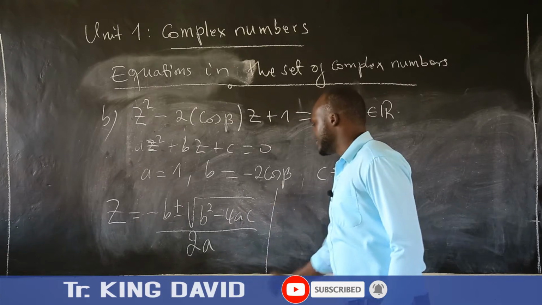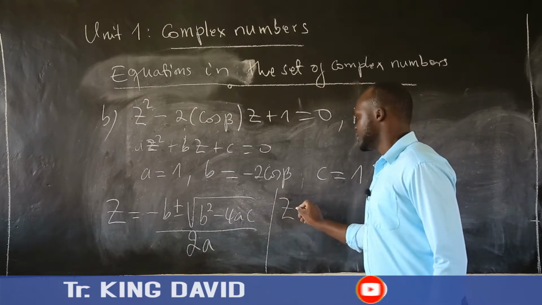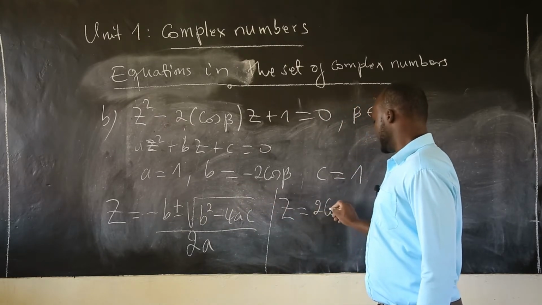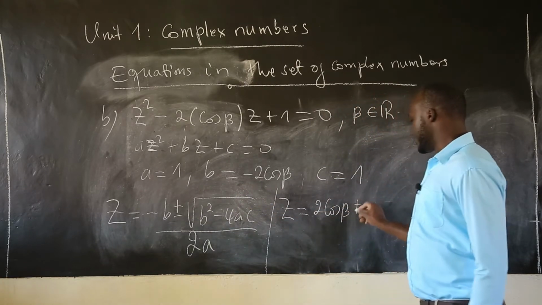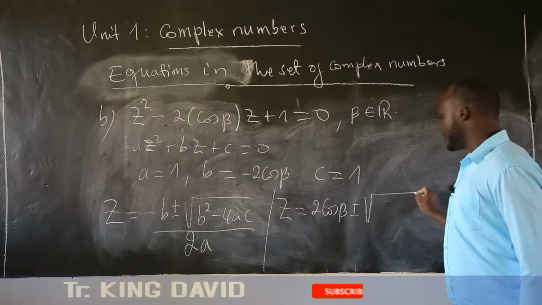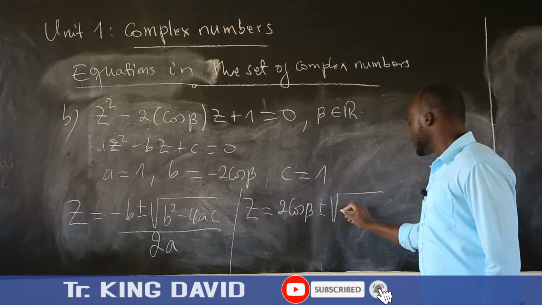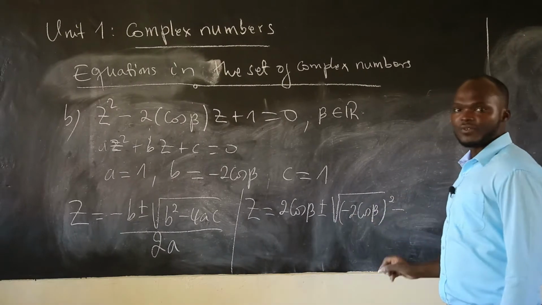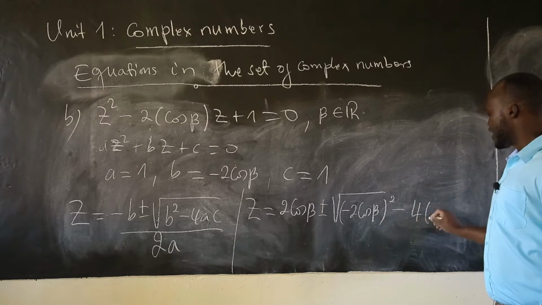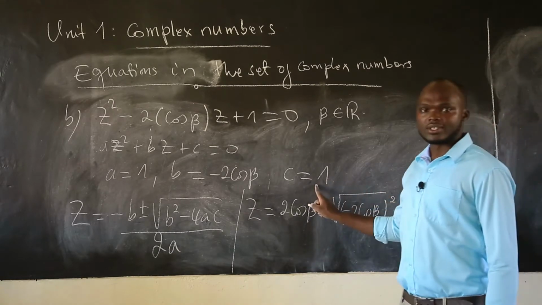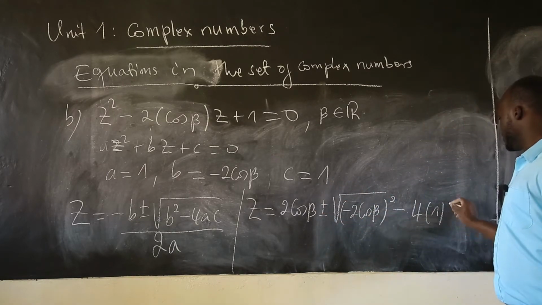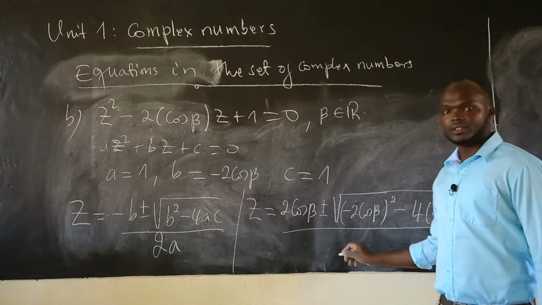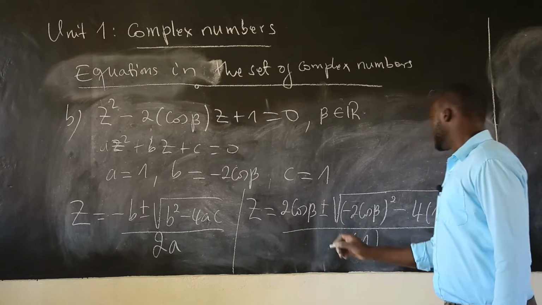So our z is negative, negative becomes positive, 2 cos beta, plus or minus the square root of negative 2 cos beta squared minus 4 into bracket a is 1 and c is 1, divided by 2a, 2 times the value of a, which is 1.